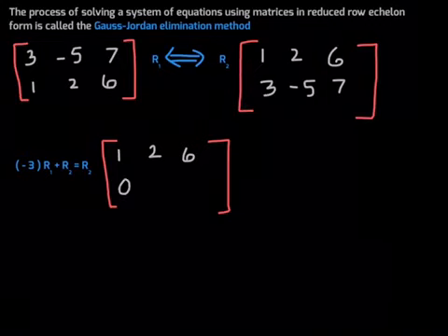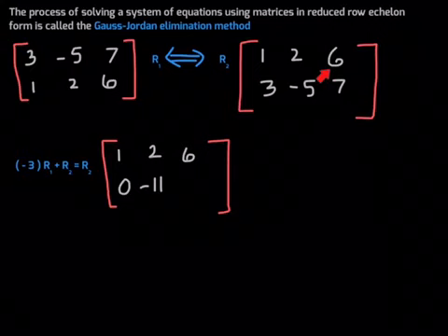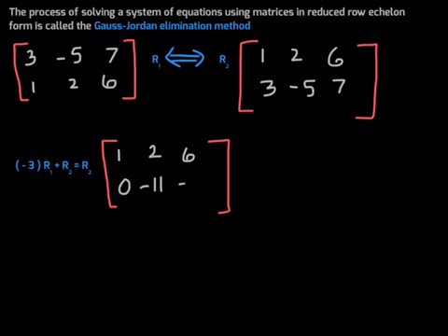Let's do that again. 2 times -3 is -6, and -6 plus -5 is -11. Let's do it once more. 6 times -3 is -18, and -18 plus 7 is -11. Okay, so that's what we have.